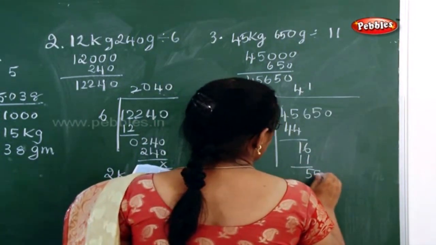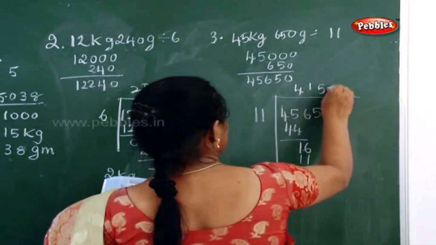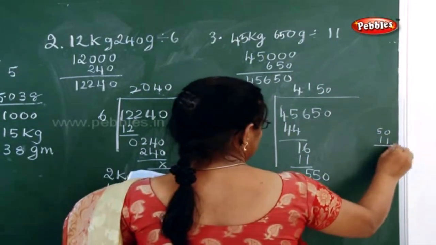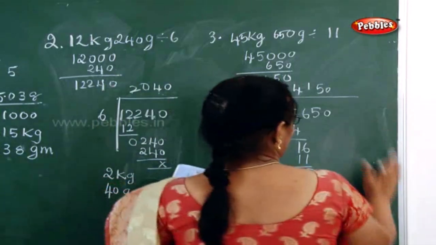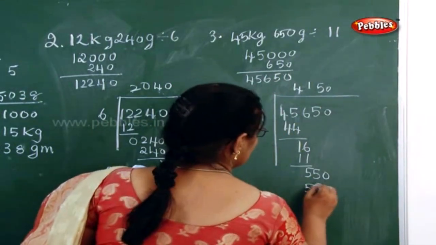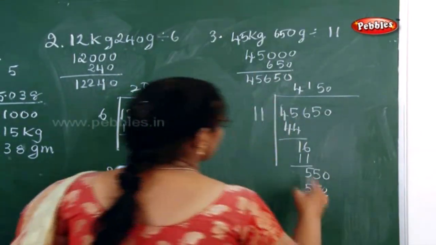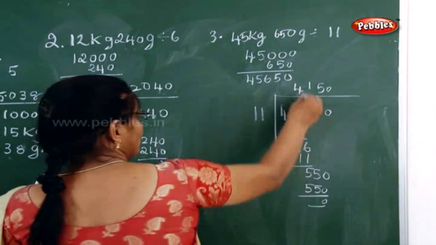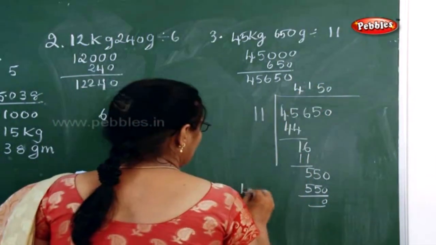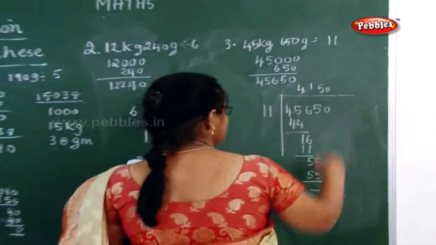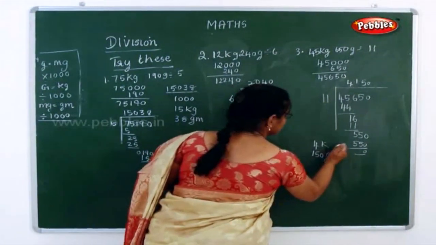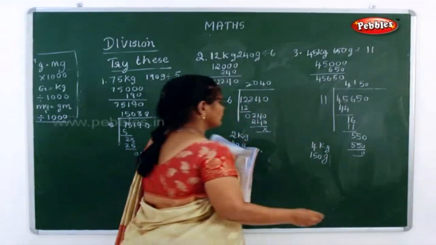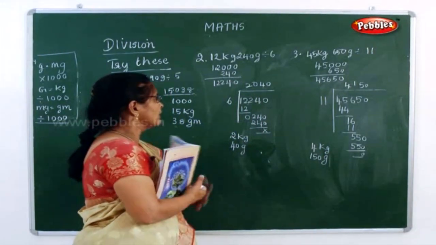You get 550. So you get 50 times. 50 11s are 550. Is it clear now? So how much is it? 4150. So the first value will be kilogram, so 4 kilogram, and the last 3 values will be what? Gram. So 4 kilogram and 150 grams.